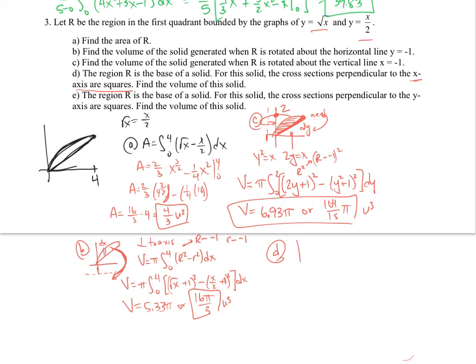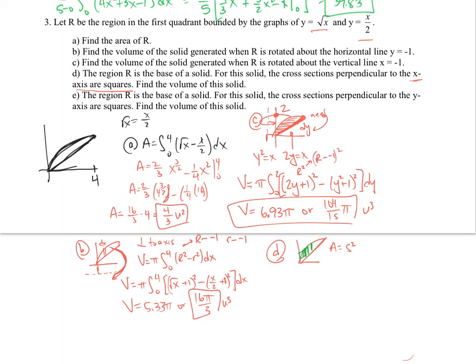We've got this graph again, and then perpendicular to the x-axis, these are squares coming out at you, out of the board, out of the video, smacking you in the face. Since we are looking at squares, we know the area is side squared.